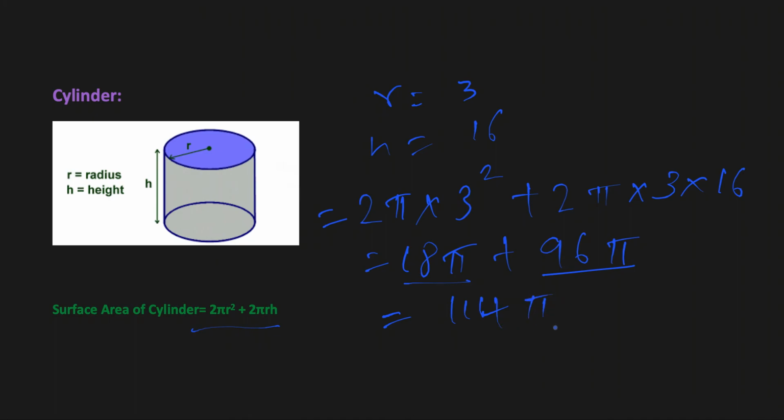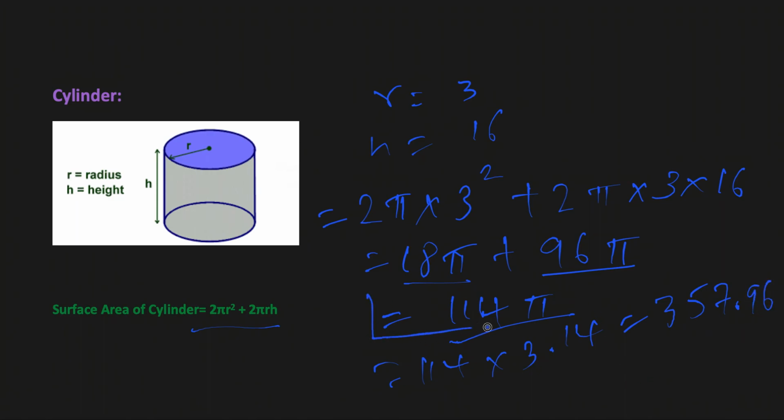We can leave the answer in terms of pi, or if you want, you can go ahead and multiply 114 times 3.14, and you get, let me quickly solve it on my calculator, 357.96.